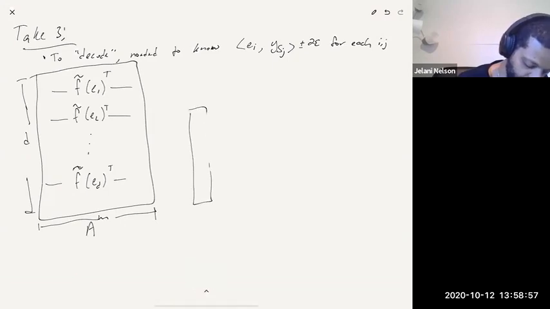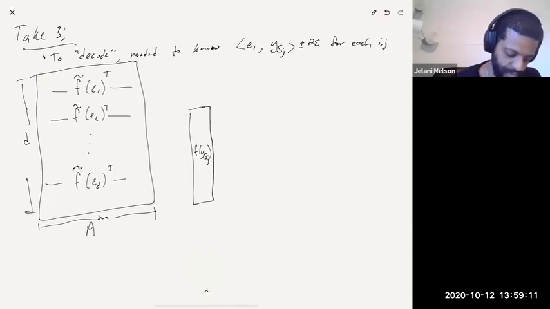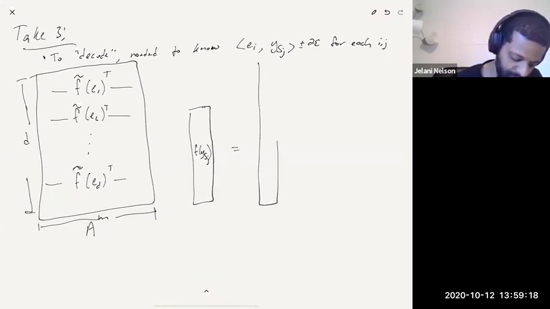which is F tilde of y_{S_j}. Let's just call this, by definition, v_j. So v_j is this d-dimensional vector.